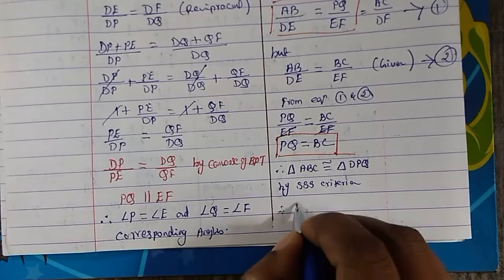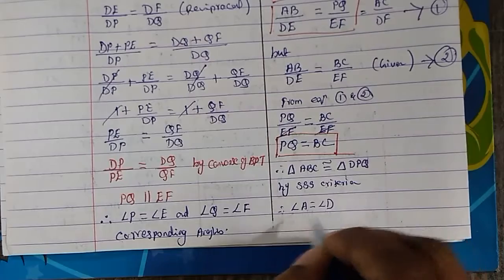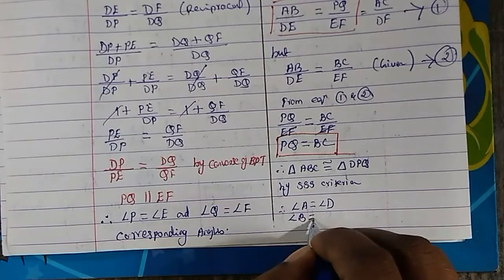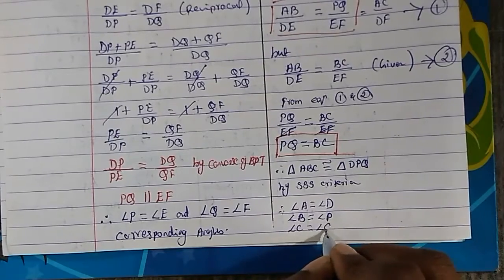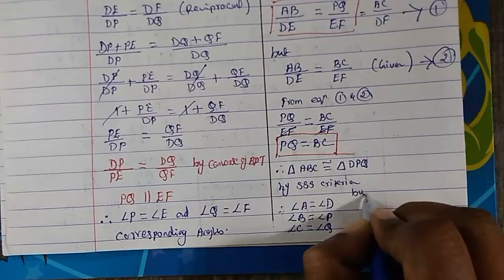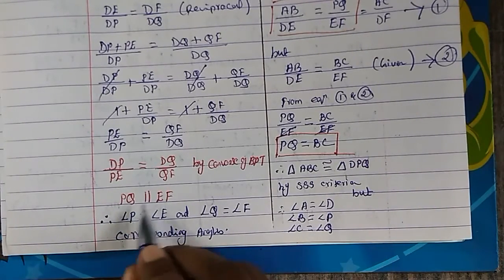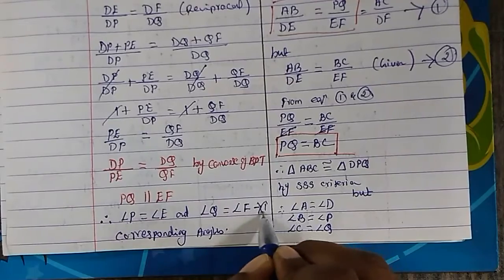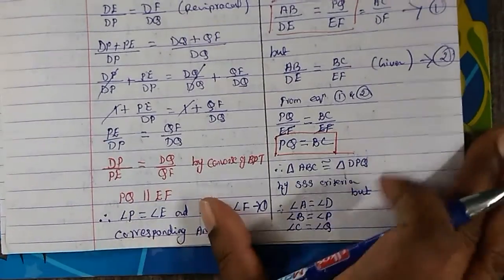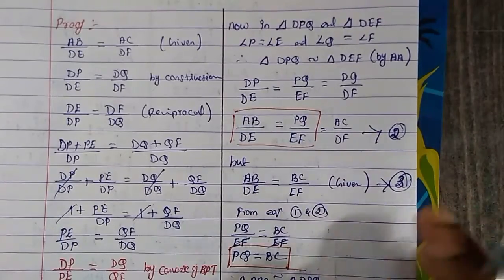So therefore angle A will be equal to angle D, angle B will be equal to angle P, angle C will be equal to angle Q. But here we have proved that angle P is equal to angle E. You can take this as equation 1 since we prepared this first, this as equation 2, and this as equation 3. You can give the equation numbers on your own.